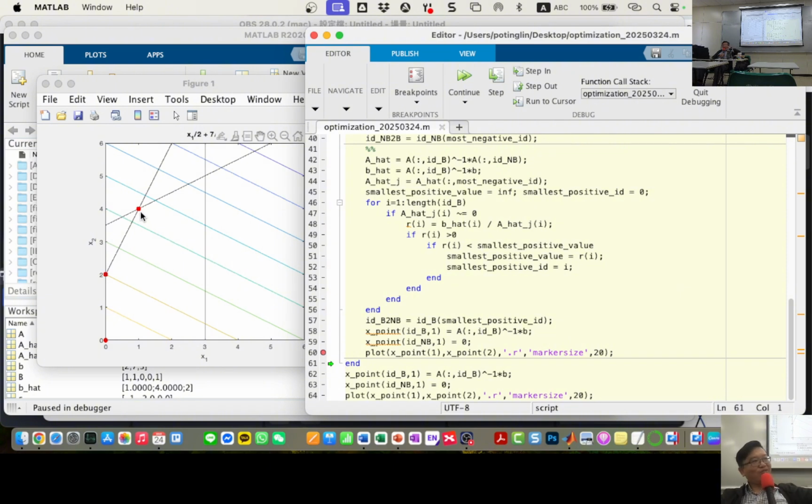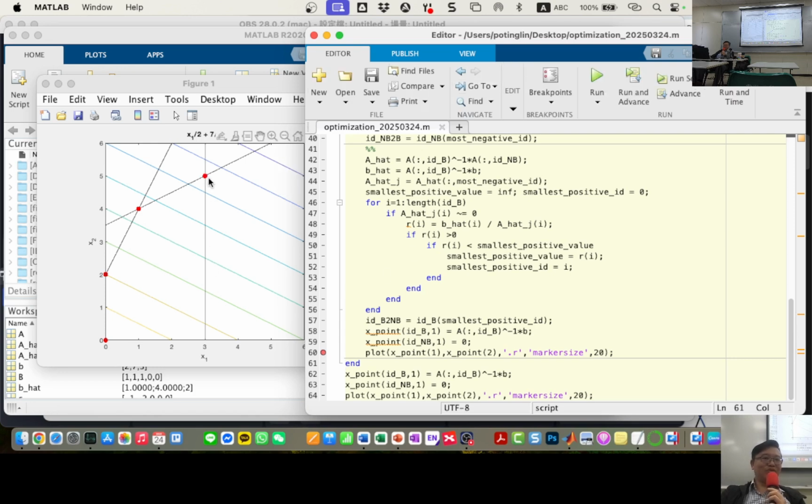So it's always following this idea, and it's always moving along the linear boundary of this polygon, trying to move toward the direction where the coefficient in the objective function drops the fastest. And the next iteration continues, and you bump into this final point and finish. You can no longer find any direction that drops the objective function even more.